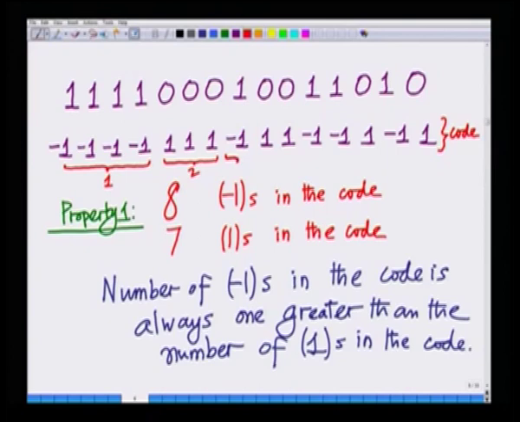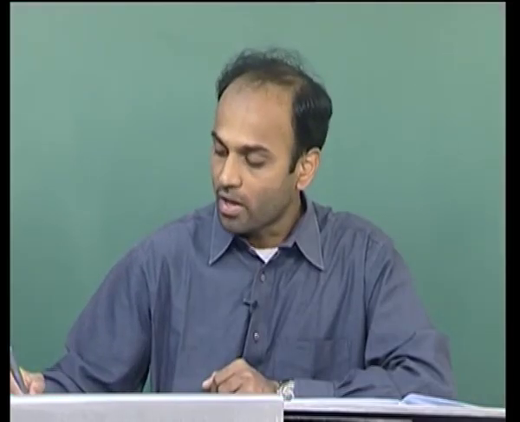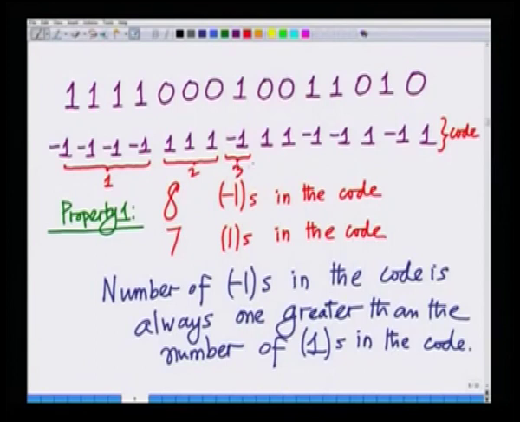I then have one run of a single minus 1, that is the third run. Then I have one run of 2 plus 1s, that is the fourth run. Then I have one run of 2 minus 1s, that is the fifth run. Then I have one run of 1 1, that is 6, one run of 1 minus 1, that is 7, one run of 1 1, that is 8.